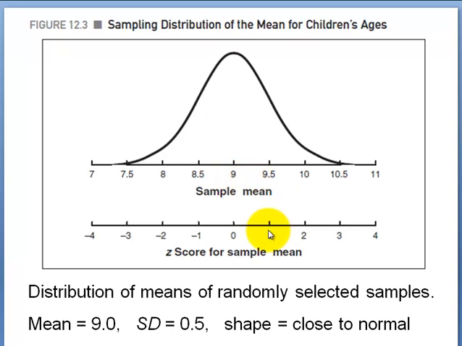So we come down and we can look at that score as being one standard deviation above the mean, that is, as having a z-score of 1. And for instance, a sample mean of 8 is located 2 standard deviations below the mean. So we could say that the z-score for a sample mean of 8 with respect to the sampling distribution is -2.